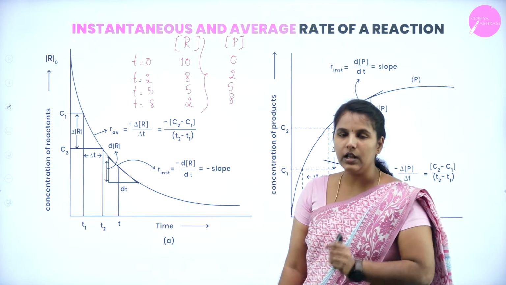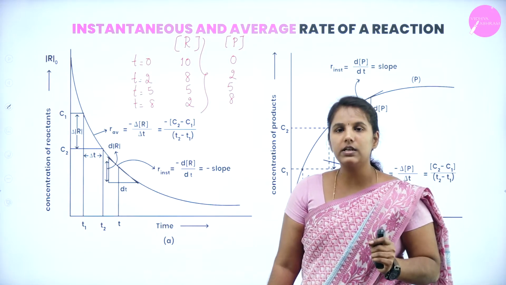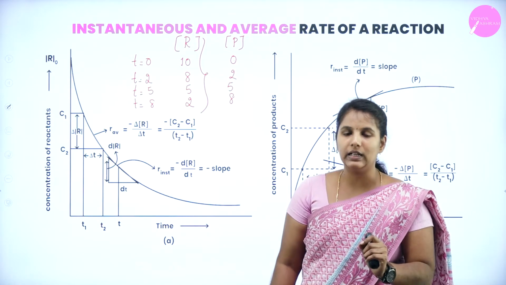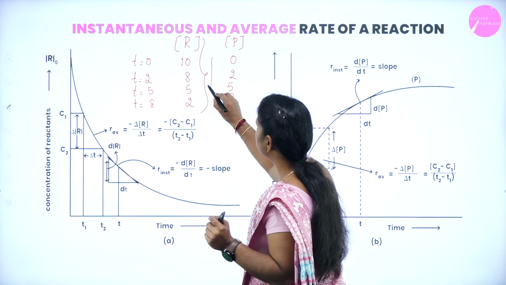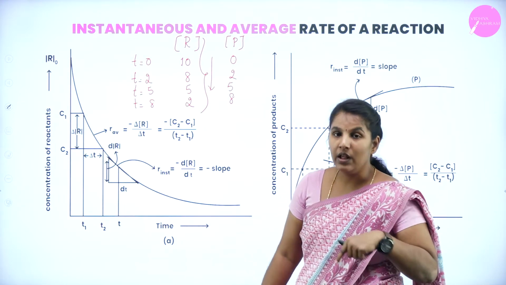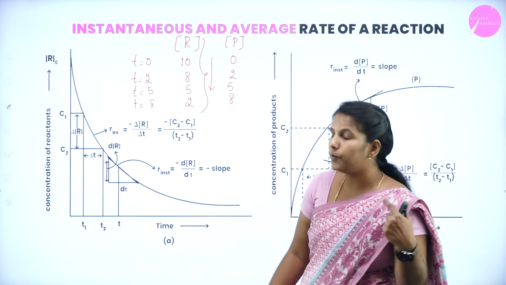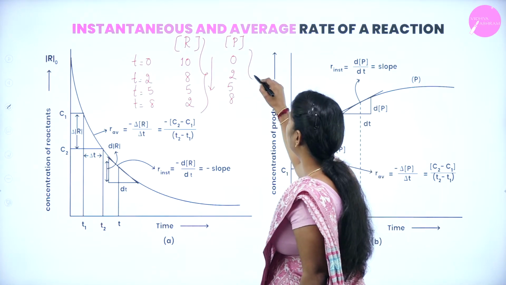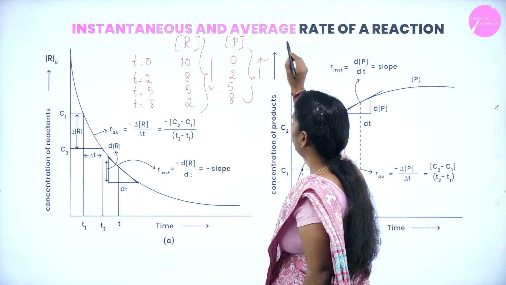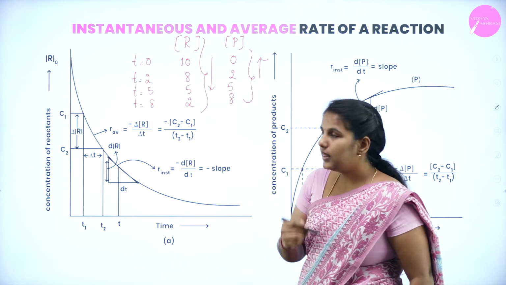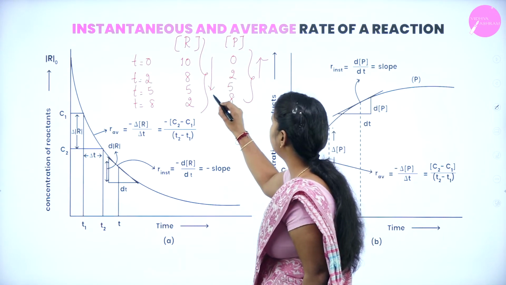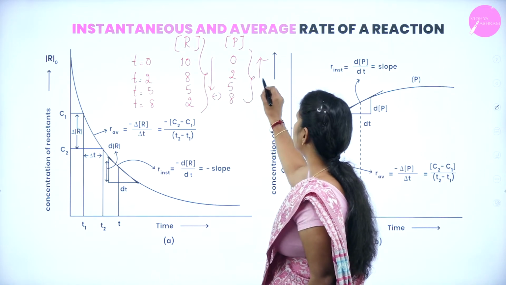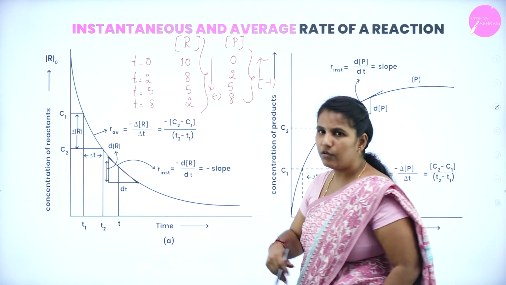We all know that during a chemical process, the concentration of the reactant starts decreasing, whereas the concentration of the product increases. That is why we always refer to the reactant in the negative form, whereas the product in the positive form.